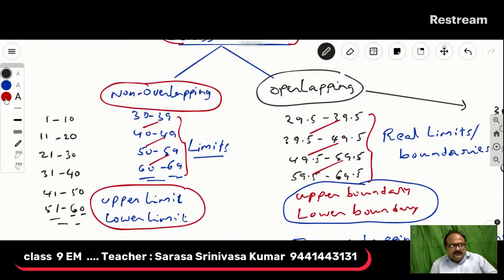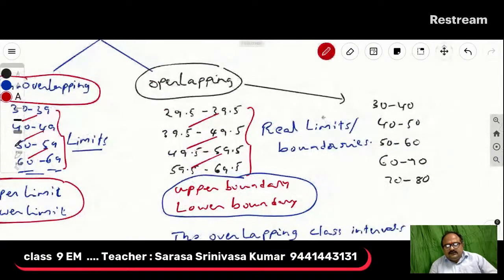Here, if you observe, these are not equal. In this problem, these values are equal.